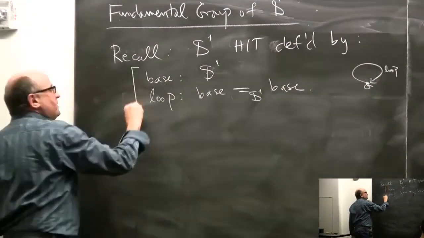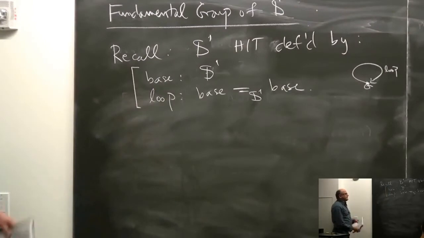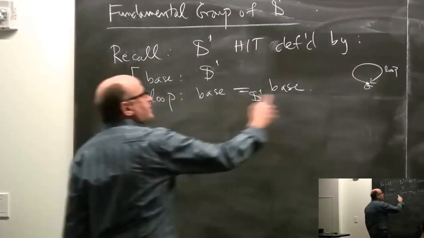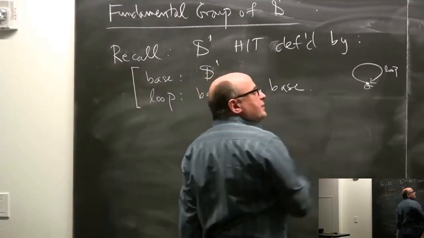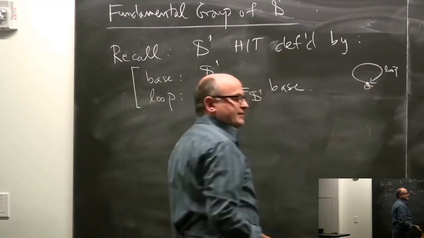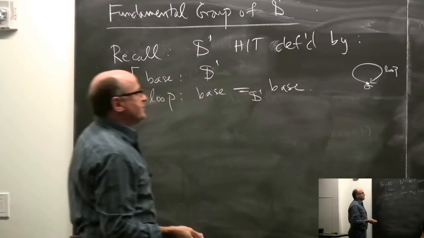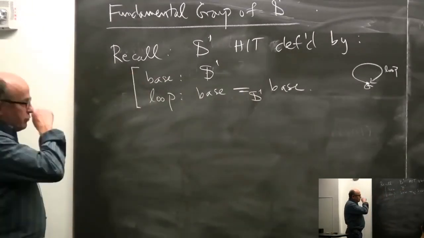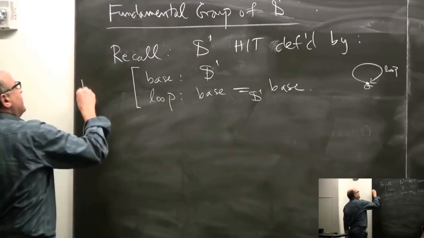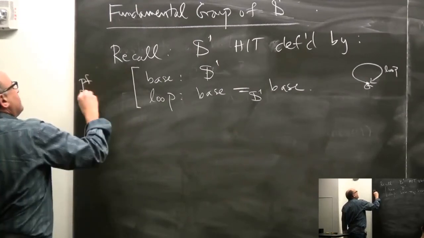All right, so that's the idea. So remember, the loop is an equation. This is saying there's another reason why base is equal to base other than the fact that it is by reflexivity. And so it's a nice example of proof relevance. This is telling us about proof relevance.